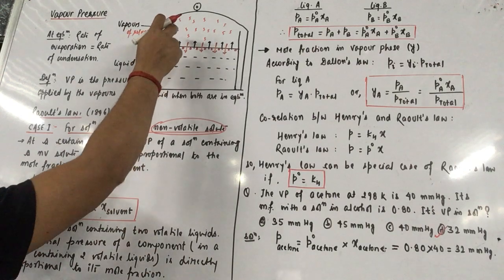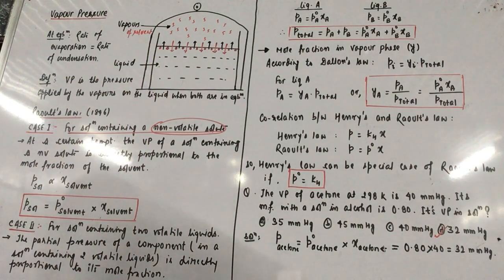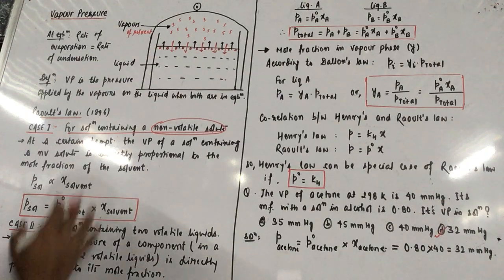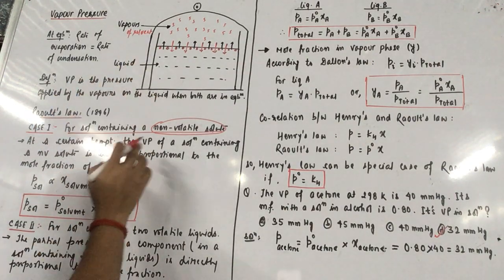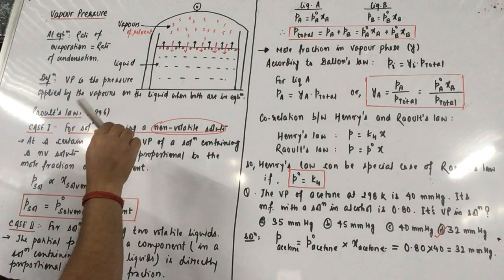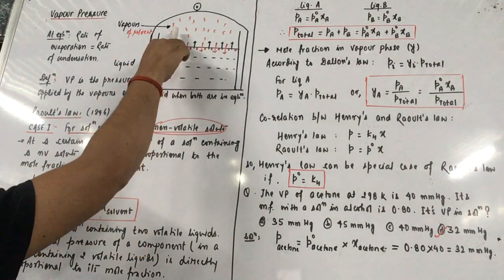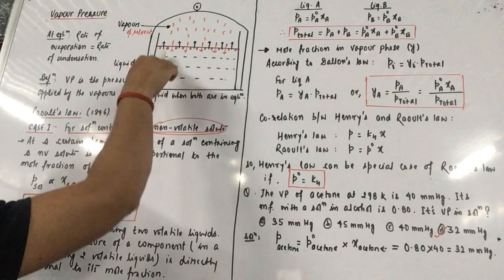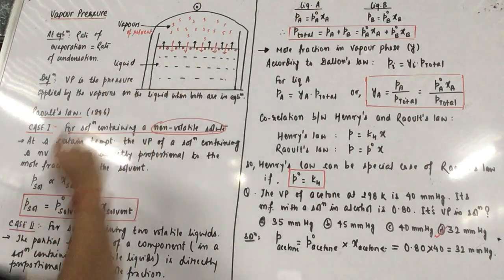In this case, the vapors here will be the vapors of solvent only, because there is no participation of the solute. So according to Raoult's law, in such a case where a solution has a non-volatile solute, the vapor pressure of solution is basically the pressure which the solvent is exerting on this liquid.